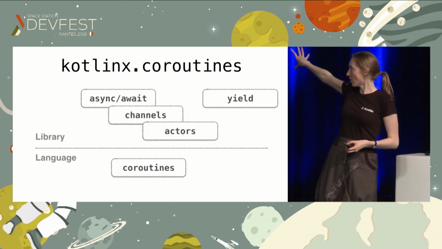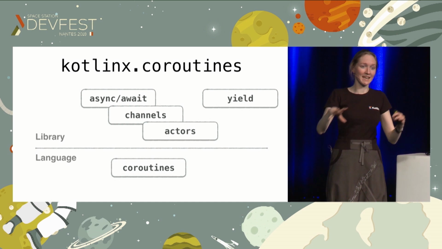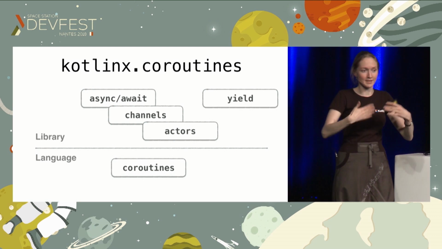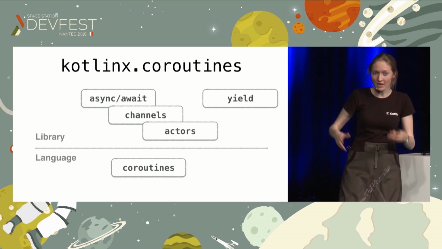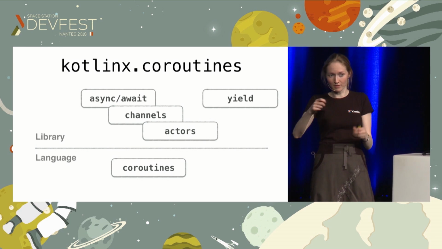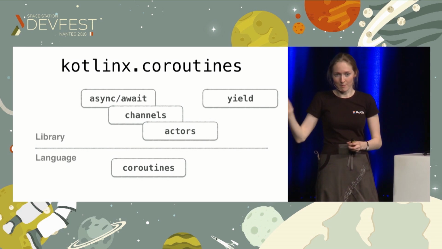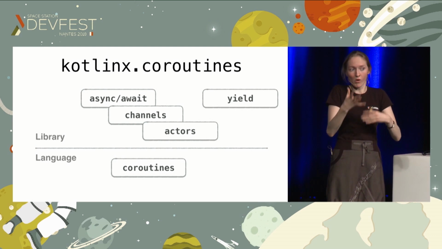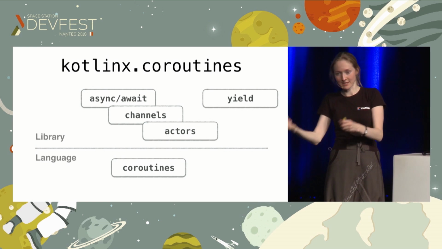So again, the concept of coroutines lives in the language. The language supports the suspend modifier for suspend functions, coroutine builders like suspend lambdas, and all this magic of suspending the computation and restoring it back. And everything else is built on top of it and lives in the library.